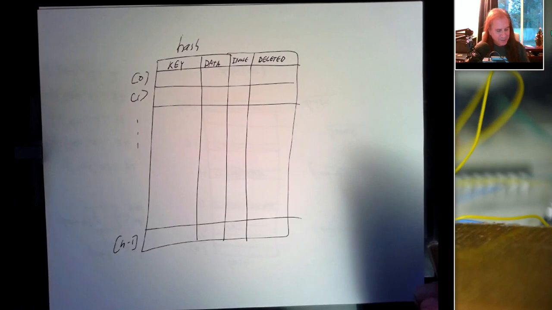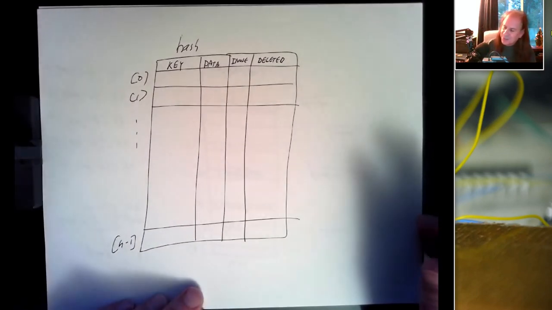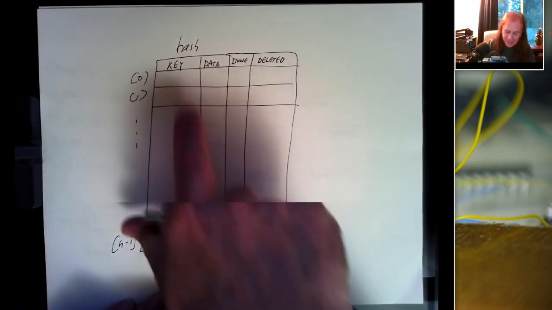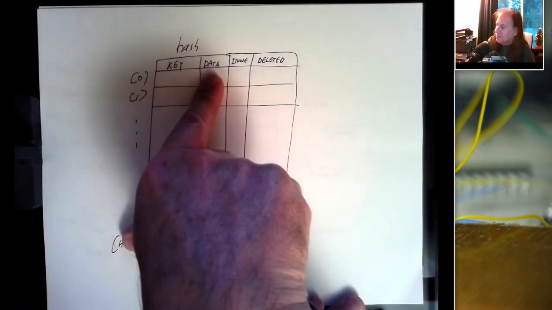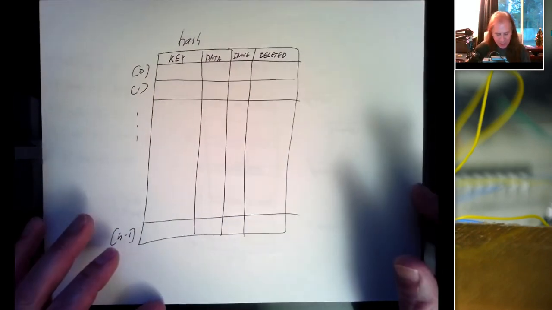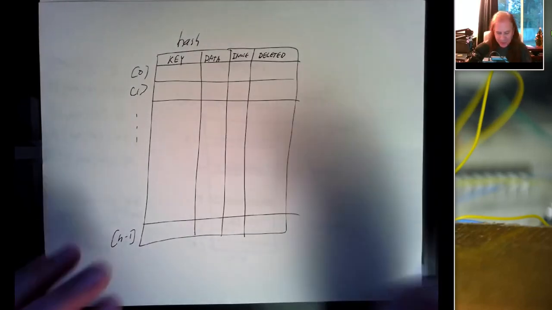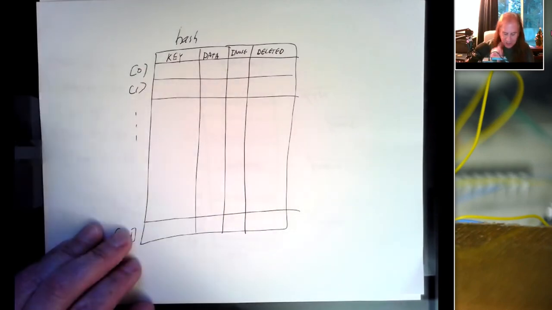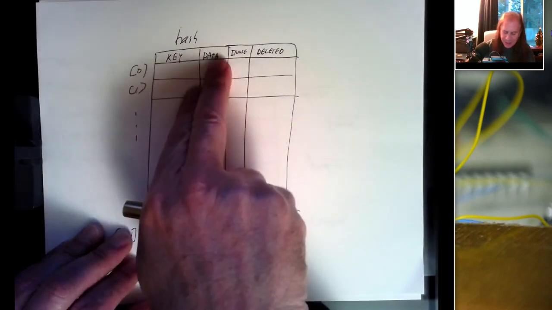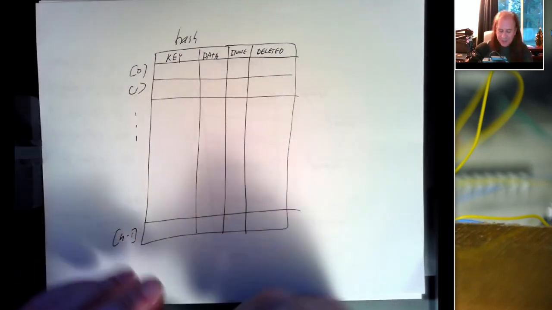Could be names and phone numbers, could be a pair of strings, could be a set of numbers, could be some binary key and a WAV file. All sorts of possibilities, but inside the structure that we make an array of for our hash table, we've got a key data pair and then some flags for housekeeping.